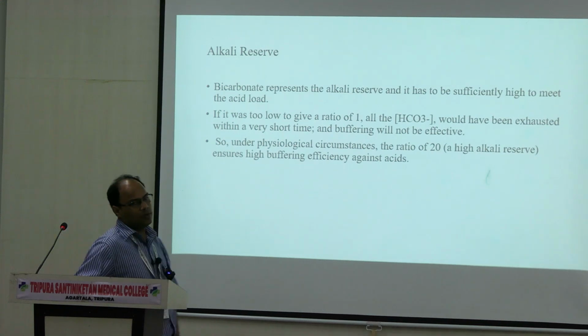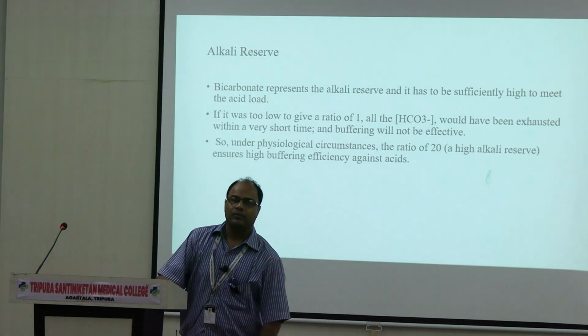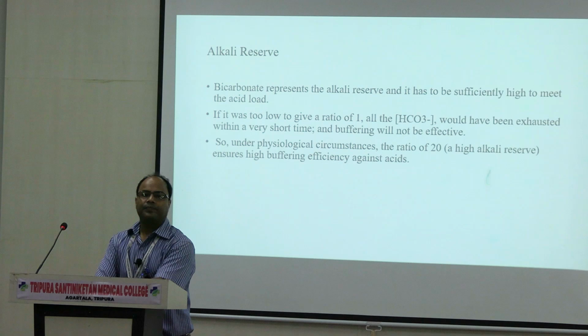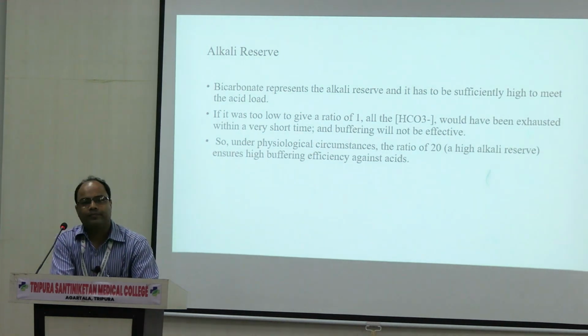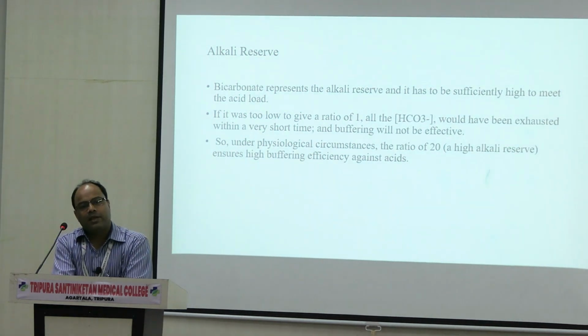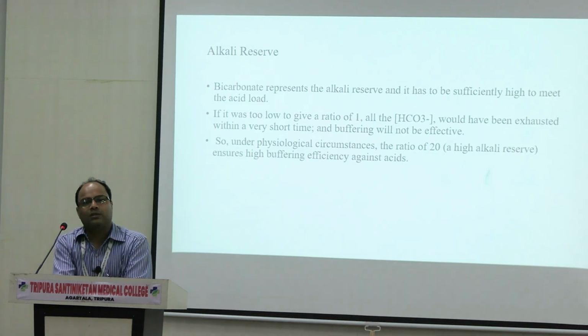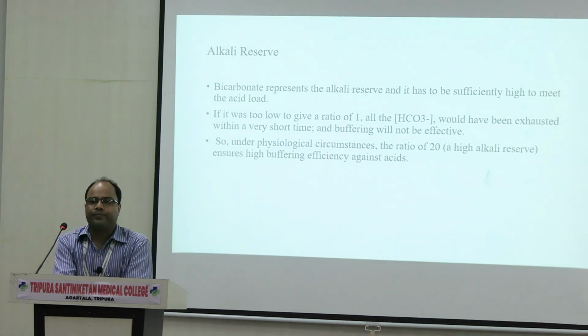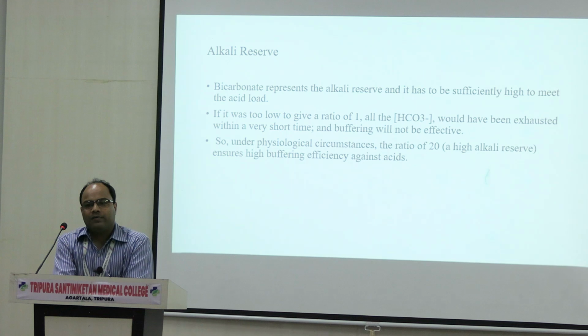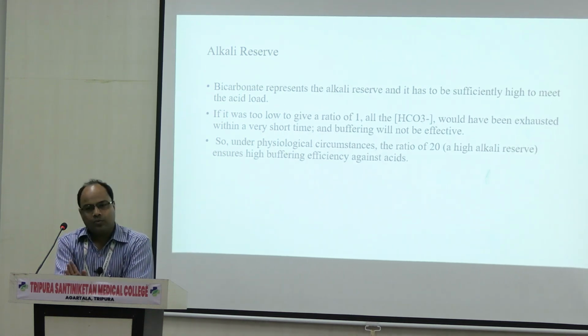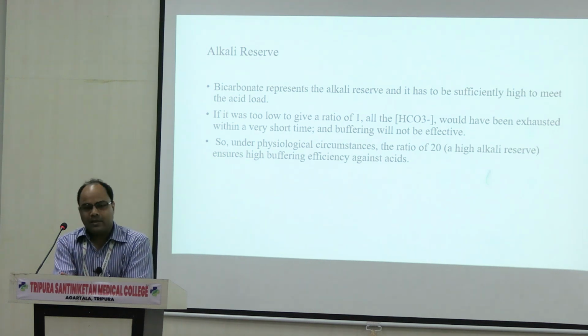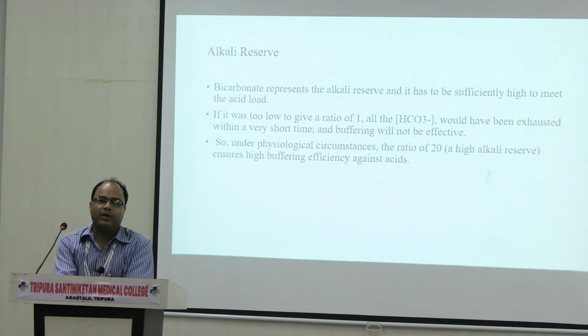If the alkali reserve goes down, what happens? The body cannot utilize hydrogen ion. As a result, the patient develops acidosis. Eventually, he may die. Anyone tell me, what is the regulatory factor for normal enzymatic activity? Anyone remember?